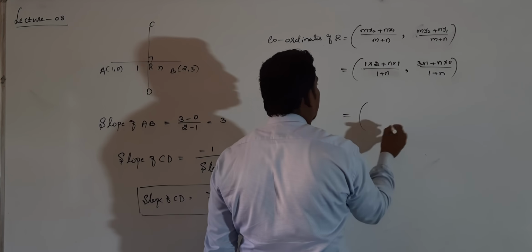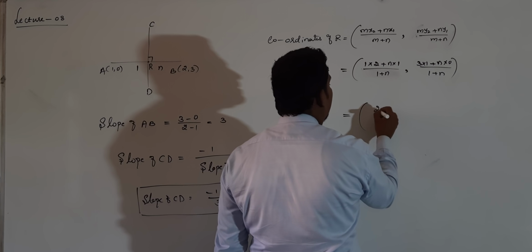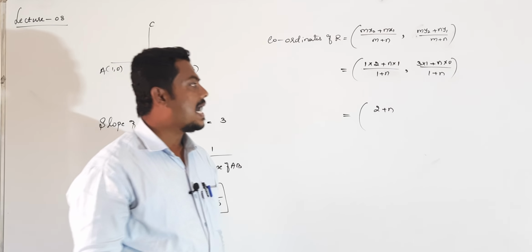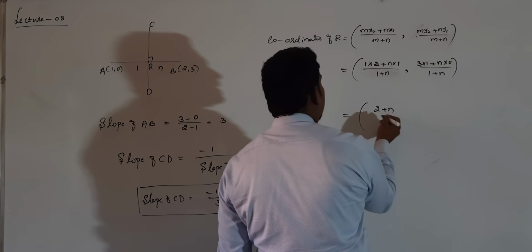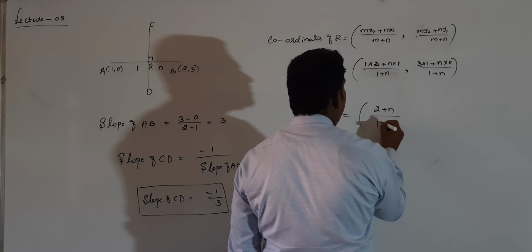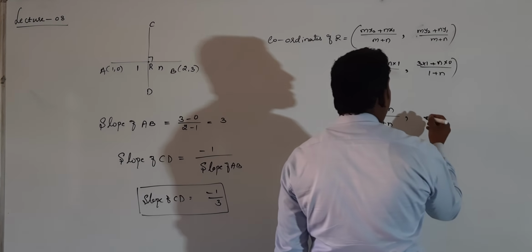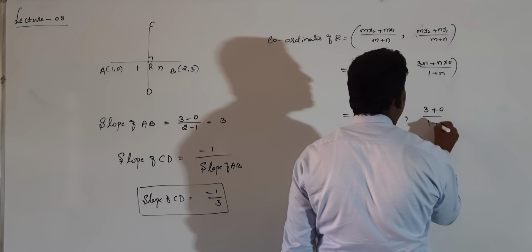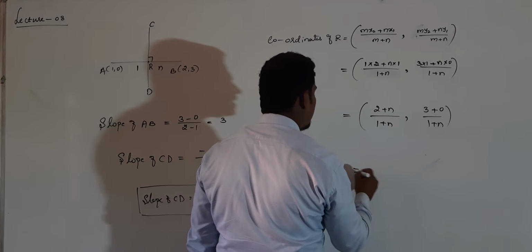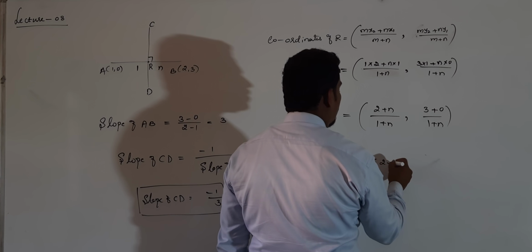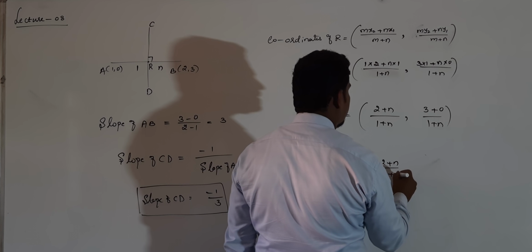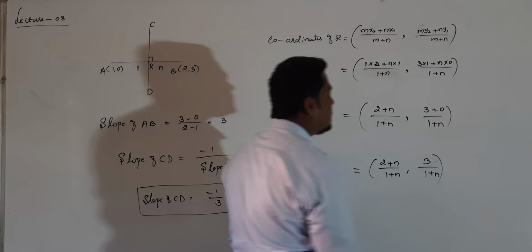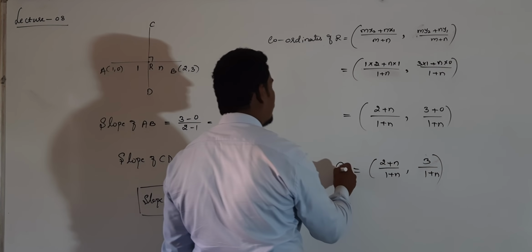Next, 2 plus n only, 1 into 2 is 2 and n into 1 is n. Then we get (2 plus n) divided by (1 plus n). Then 3 plus 0 divided by 1 plus n, that's equal to (2 plus n) divided by (1 plus n), comma, 3 divided by (1 plus n). This is the coordinates of R.